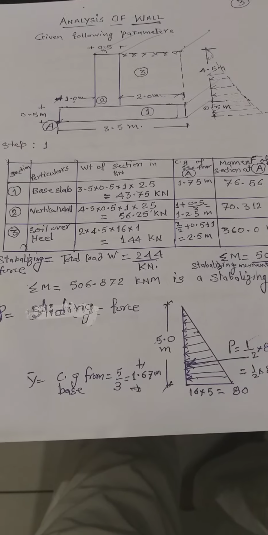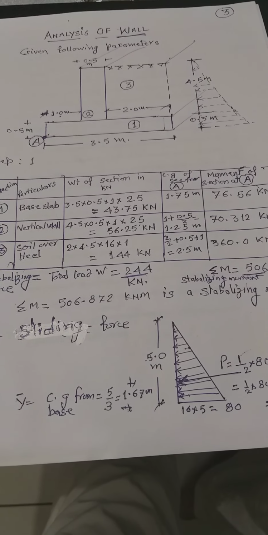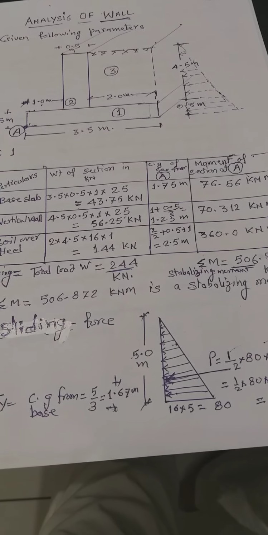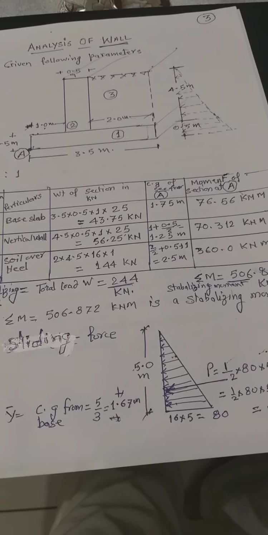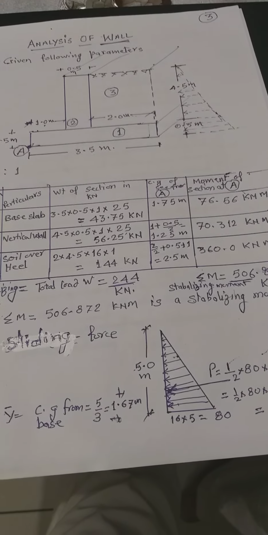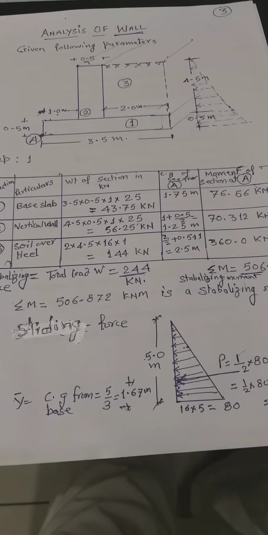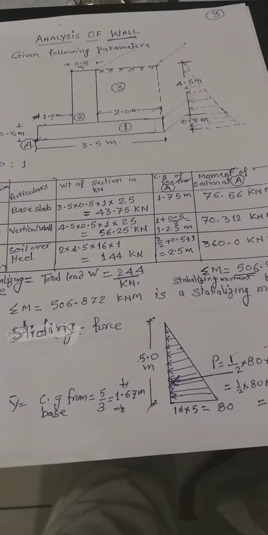Now we will go for the third section, comprising the soil over the heel. The total width of the soil is 2 meter, which is nothing but the width of the heel.